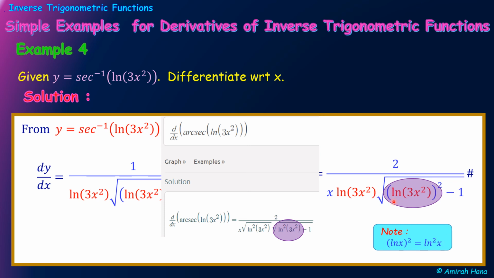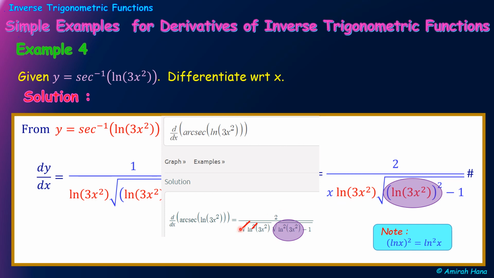So if we have ln 3x squared in brackets squared here, we compare from here, so we can write ln squared 3x squared. And then, why do we get ln 3x squared?